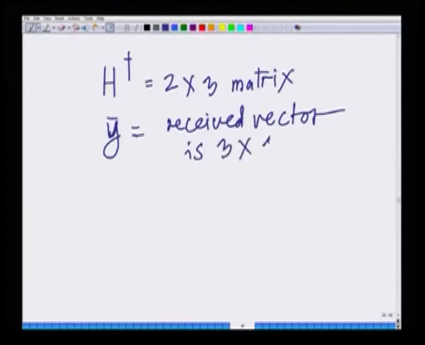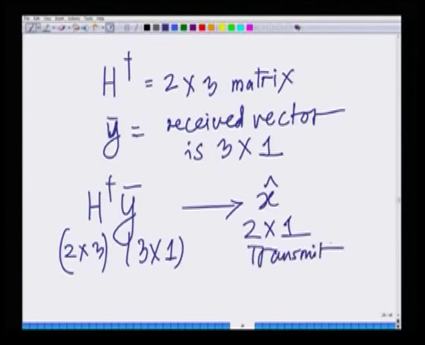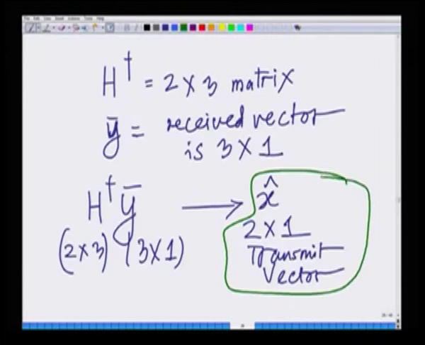Hence H pseudo inverse times y is nothing but this 2 cross 3 matrix times a 3 cross 1 vector, which gives me the estimate x hat, which is 2 cross 1, the transmit symbol vector.